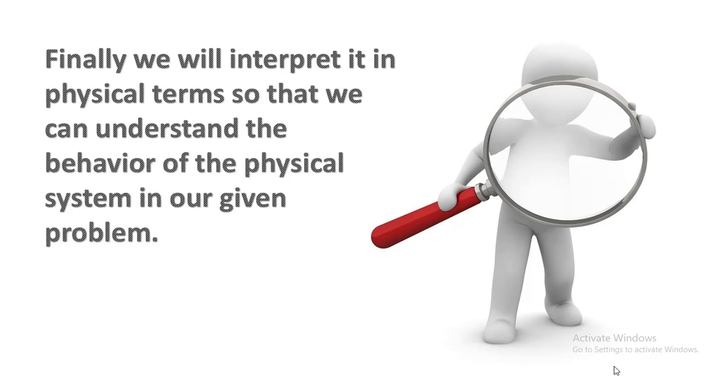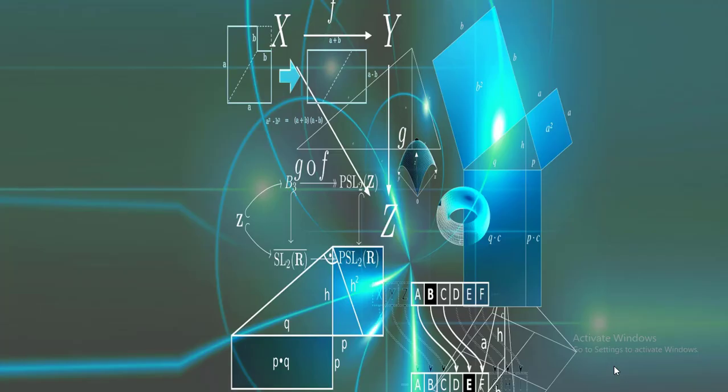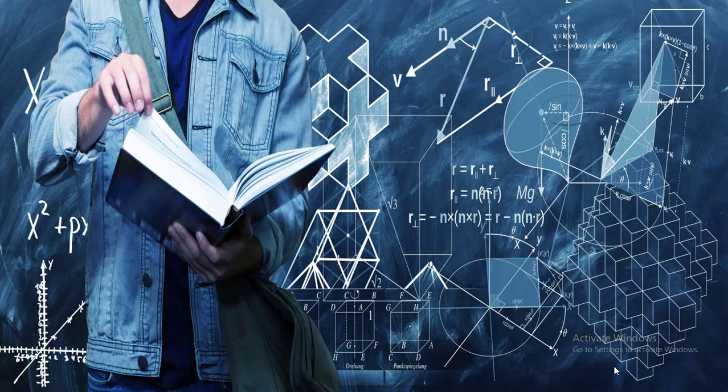Finally, we will interpret it in physical terms so that we can understand the behavior of the physical system in our given problem. However, before we can turn to methods of solution, we must first define some basic concepts needed throughout this chapter.